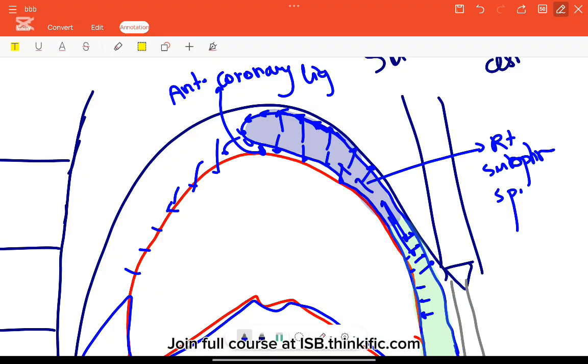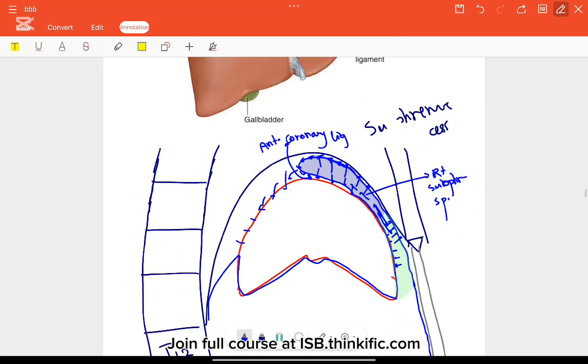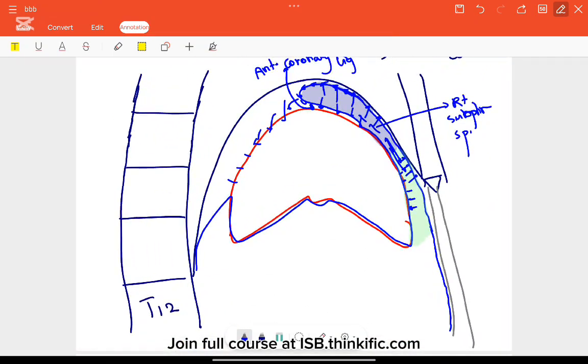If we move back to this diagram, these subphrenic spaces are continuous with the abdominal cavity, right? It's a part of the greater sac, and it's continuous with this large recess, which is called Rutherford-Morrison pouch.